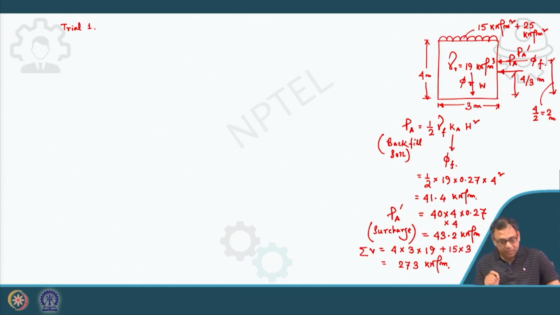Why? Because as I was discussing in my previous lecture, whenever the surcharge will increase your factor of safety, I will consider only the dead load surcharge, because that I cannot neglect, that will always be present. But in the case where it will reduce the factor of safety, then I will consider both dead load and live load surcharge. Clear?